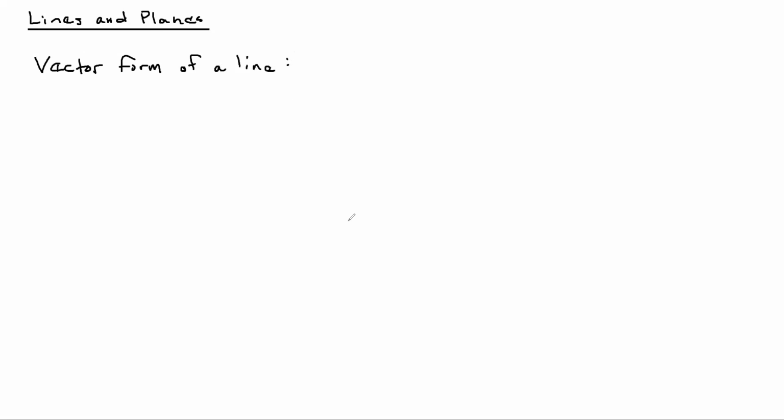So the vector form of a line is a way to introduce the final form of the line that is used in a multivariable calculus course, and it's primarily a theory-based introduction.